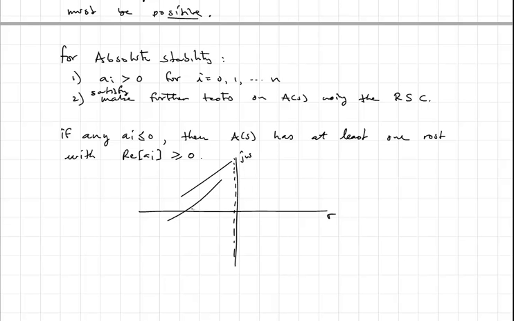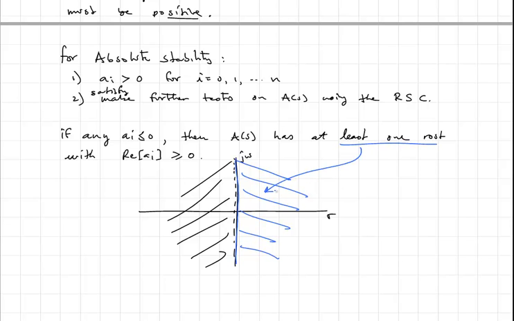Okay, and what this says is that if any of the coefficients of the polynomial A(s) are not positive, then there will be at least one root that will lie either on the j omega axis or to the right. At least one root will lie in this region.